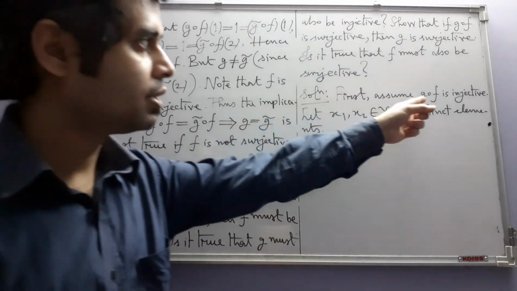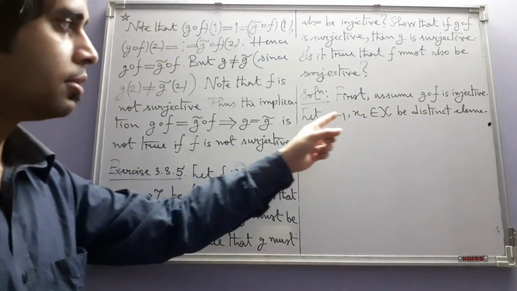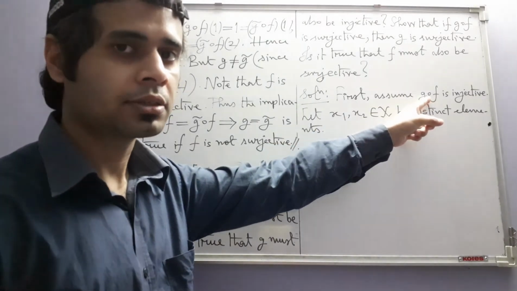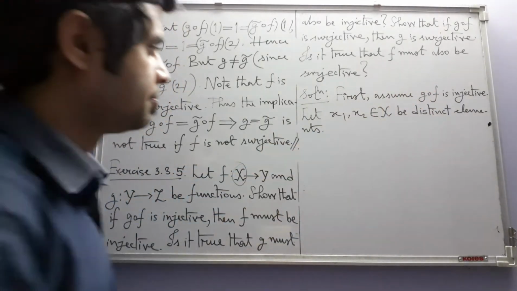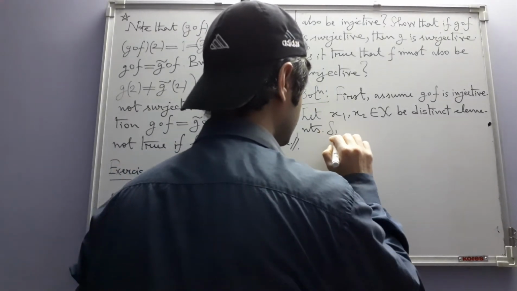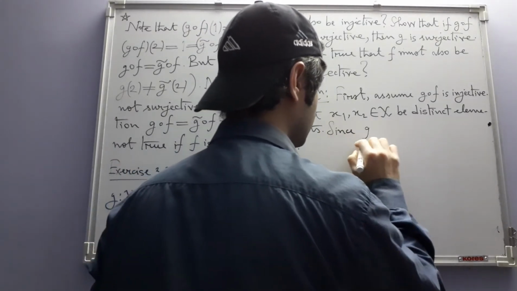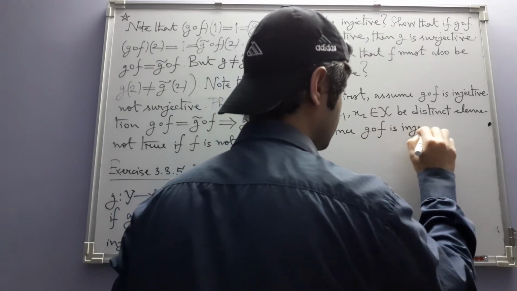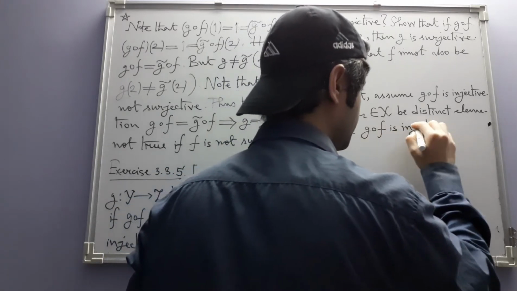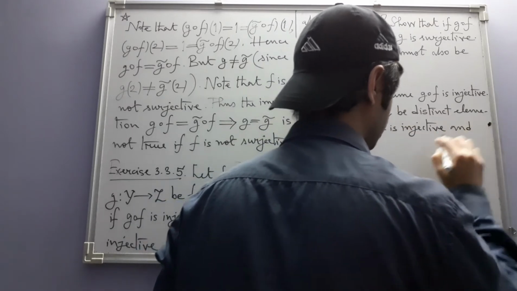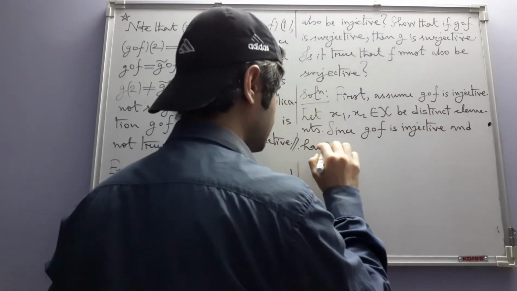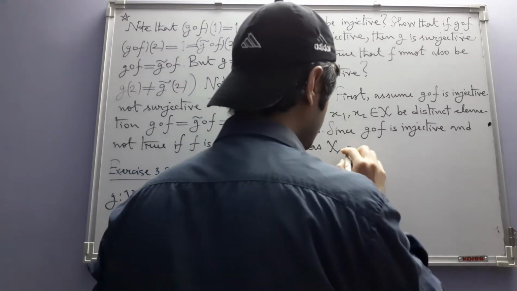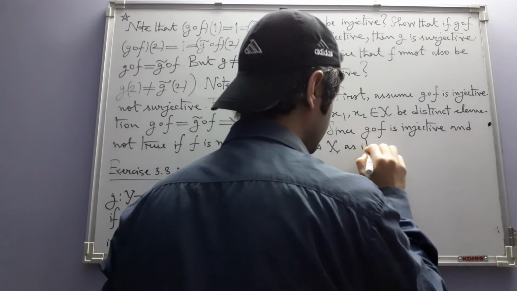Now note that g composition f also has x as its domain. So it is given that g composition f is injective. So at these 2 points, the values of this function will also be different, since it is injective.